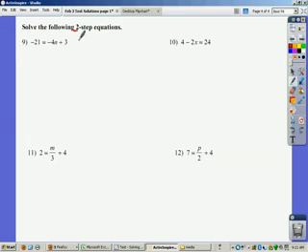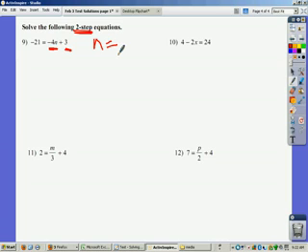Now we're doing two-step equations. The reason it's two steps is what's being done. Look at number 9. What's being done to my letter N? First it's being multiplied by negative 4, and then you're adding something. So to get N by itself, you have to do two steps in reverse of what's being done to it.